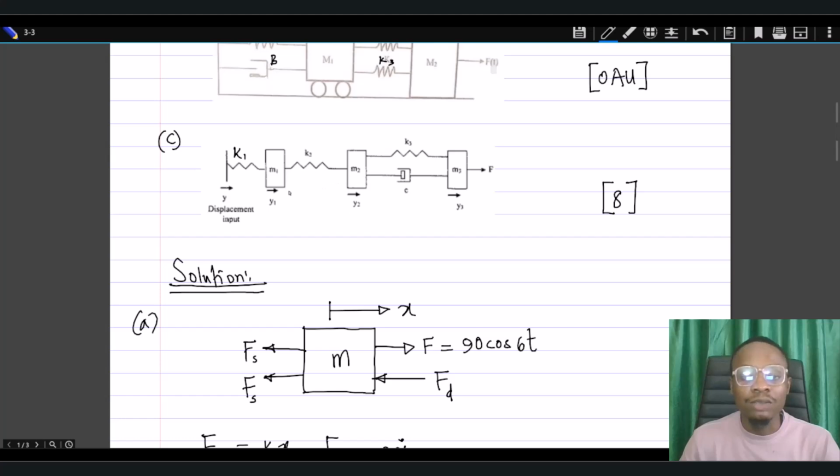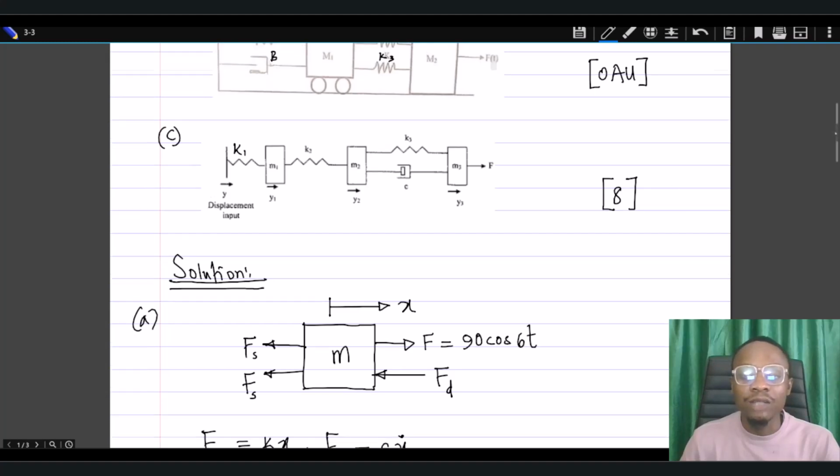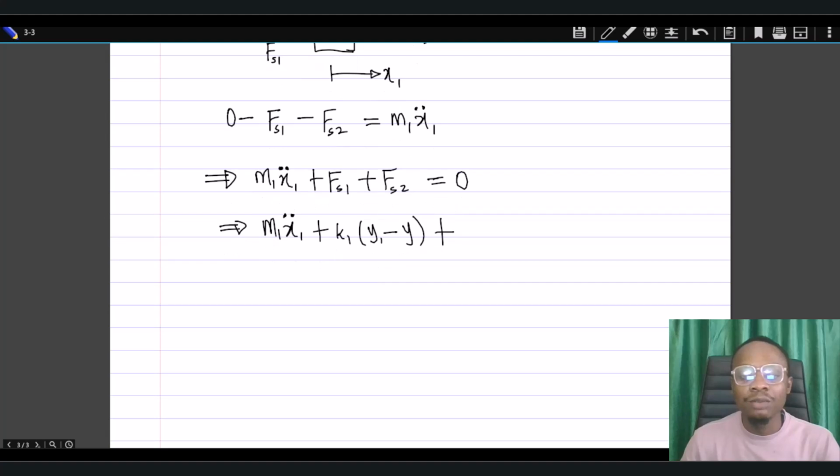Because if y2 changes, the change in length here will not be directly equal to y1. That will depend on y2 as well. For instance, if y2 does not change, then this will be compressed directly by y1, and that will capture whatever change in length we have for this. But if this changes, we have to subtract whatever change is happening here. So that is y1 minus y2. So we have this to be plus k2 into y1 minus y2, and this is equal to 0. So we can leave it as it is. We can also... why did I write y1 here, please?